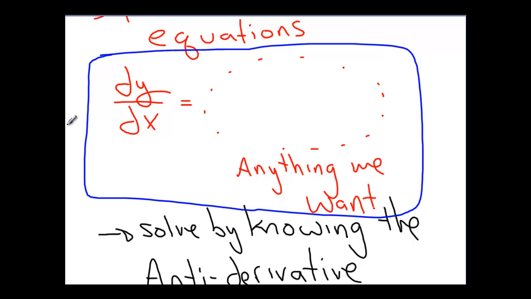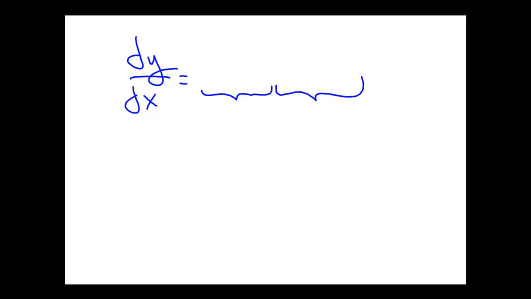So separable differential equations are ones in which we have dy/dx not equal to anything we want, but dy/dx is made up of two pieces. dy/dx has to be made up of two pieces, one of which is a function that can be written in terms of y, and the other is a function that can be written in terms of x.